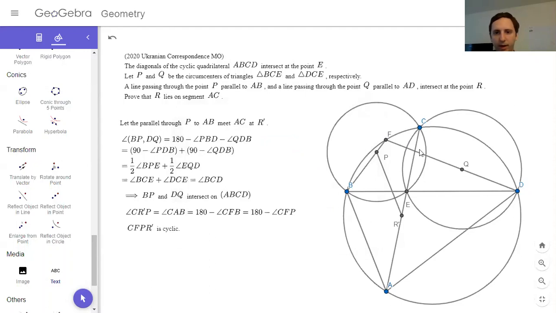And then if we do the same thing with Q, we would get that CFQS prime is cyclic. We need to prove that CFPQ is cyclic here. We are missing one more thing. Oh, we still have to prove CFPQ is cyclic, you're saying?